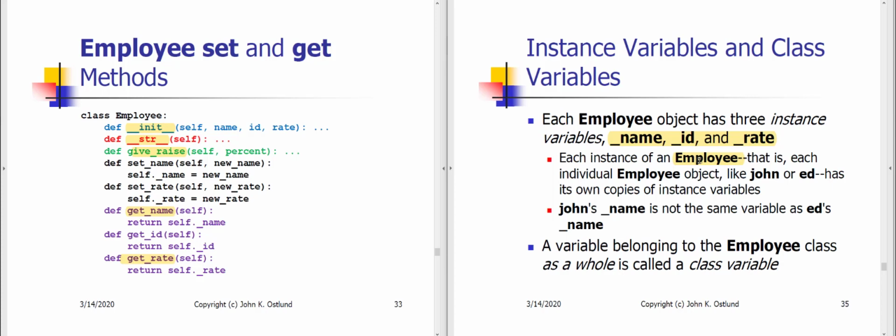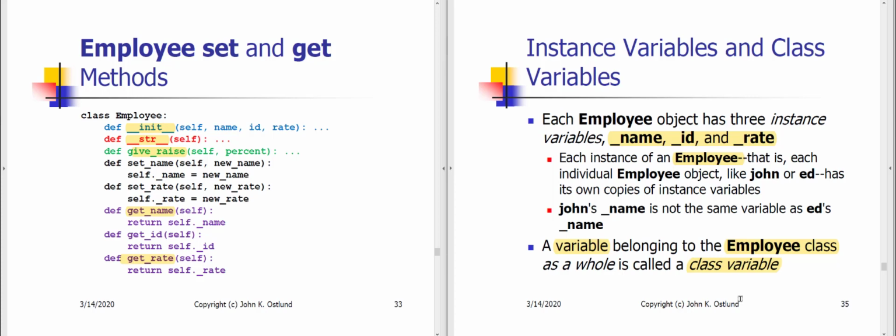All right, so John's _name is distinct from Ed's _name, and so forth. Sometimes, though, it's useful to have a variable that belongs to the entire class. And such a variable is called a class variable as opposed to an instance variable.